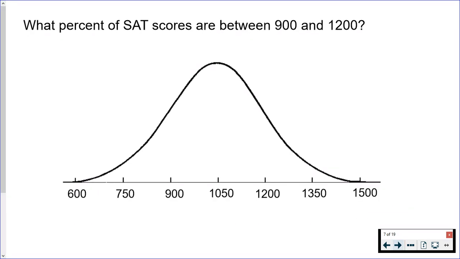For the first one, it says, what percent of SAT scores are between 900 and 1200? So here's 900, here's 1200. We want this area between my really nice straight lines under the normal curve.